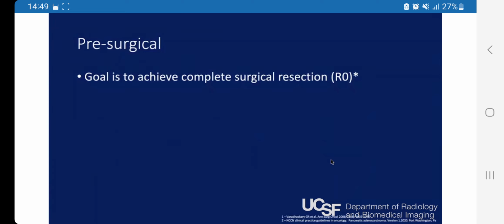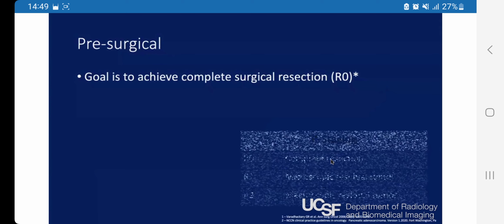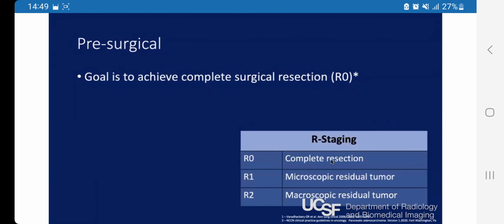The goal of the surgeons is complete surgical resection, or R0. R staging is a mostly histologic based staging system, which determines how much residual tumor has remained beyond the specimen. R2 is macroscopic residual tumor, R1 is microscopic residual tumor.